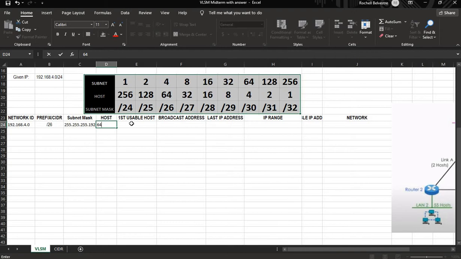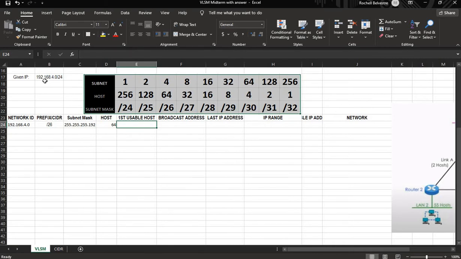Then the first usable IP address, since our given IP address is 192.168.4.0, will be 192.168.4.1. And then the last IP address would be 192.168.4 plus 64, which is our host count, so it would become 192.168.4.64.